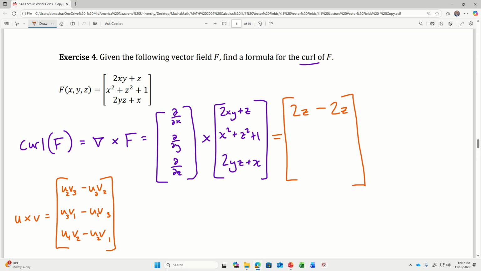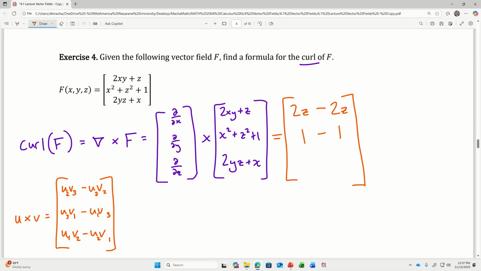Okay, next, u3 v1, so the partial with respect to z of 2xy plus z. That's 1. Minus u1 v3, so it's the partial with respect to x of 2yz plus x. That's 1.